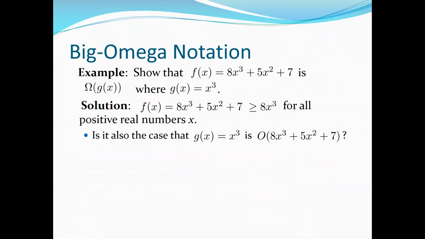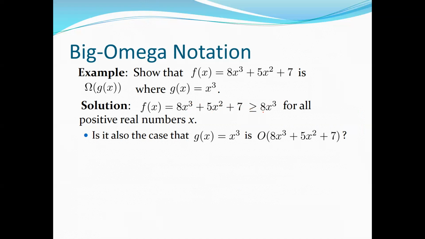For the next slide, let's say for example we have f of x is 8x cubed plus 5x squared plus 7, and we want to say that this is omega of g of x, where g of x is x cubed. We can always establish the inequality: 8x cubed plus 5x squared is greater than or equal to x cubed.